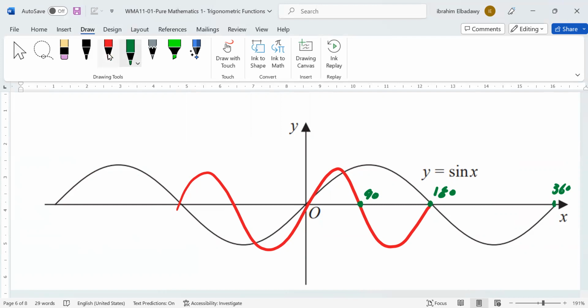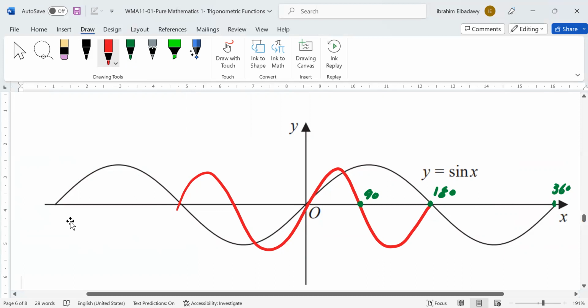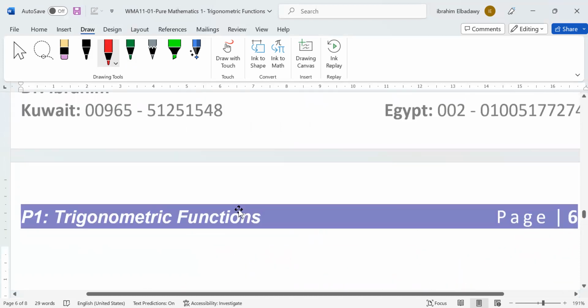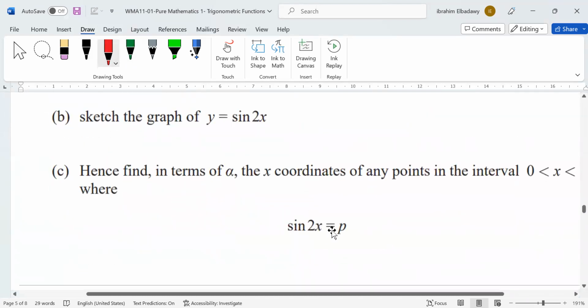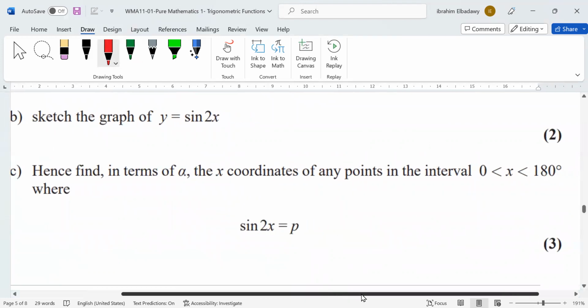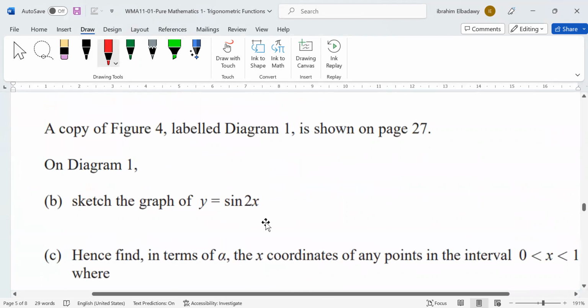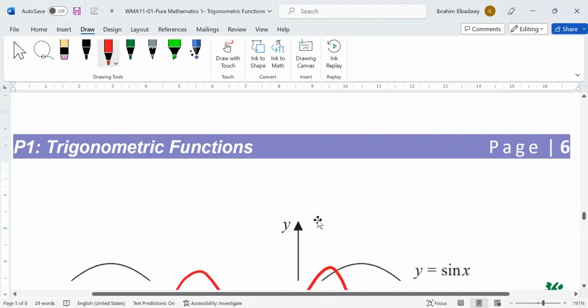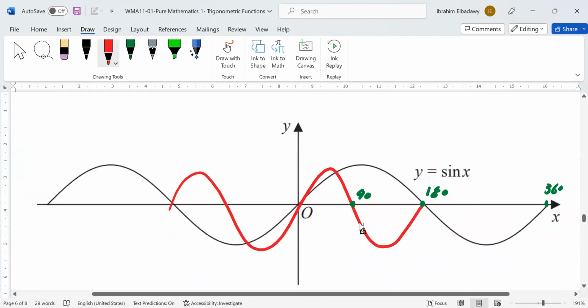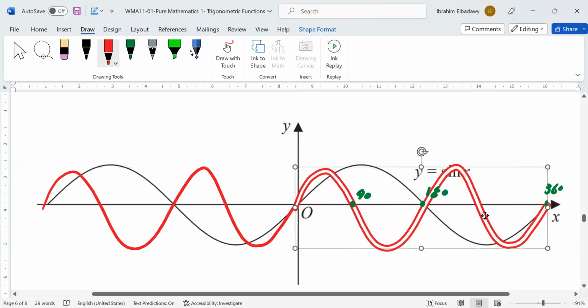This is your sketch. You have to continue the sketch and complete it to 360, because your sketch should cover the whole diagram. He needs the values from 0 up to 1. We should make a copy like that, and a copy like that.